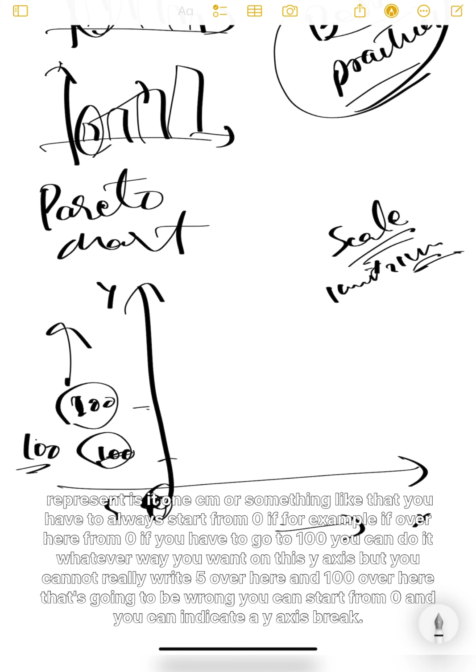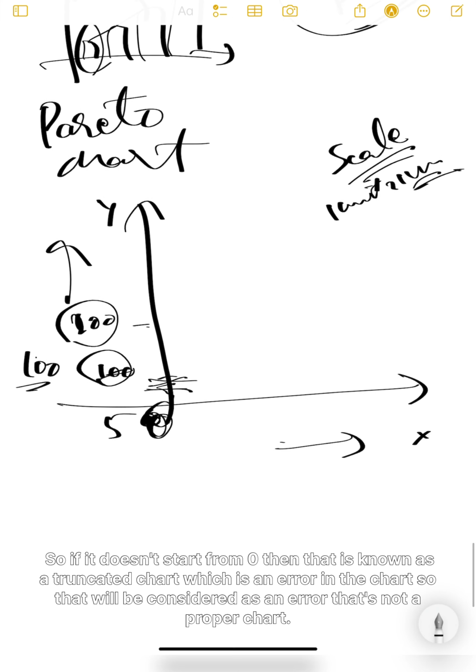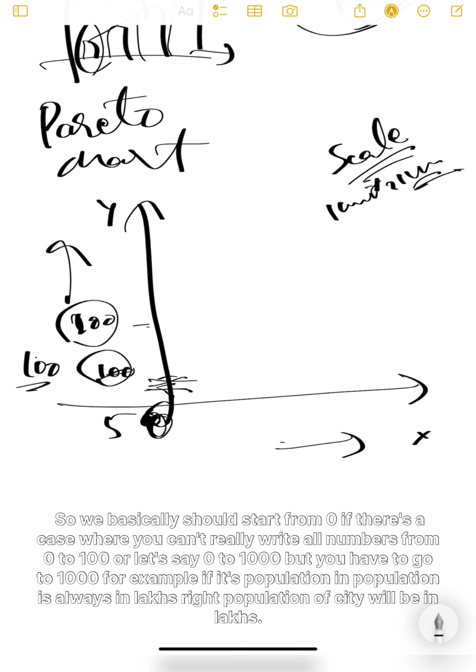You can start from 0 and you can indicate a y-axis break. If it doesn't start from 0, then that is known as a truncated chart, which is an error in the chart. That's not a proper chart. So we basically should start from 0.